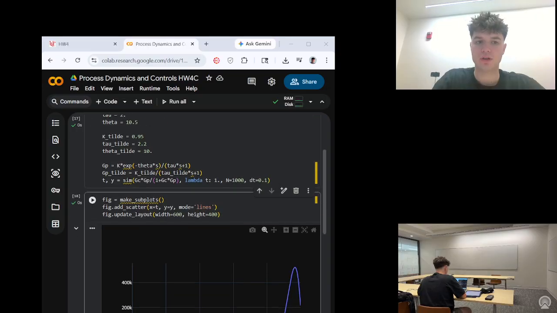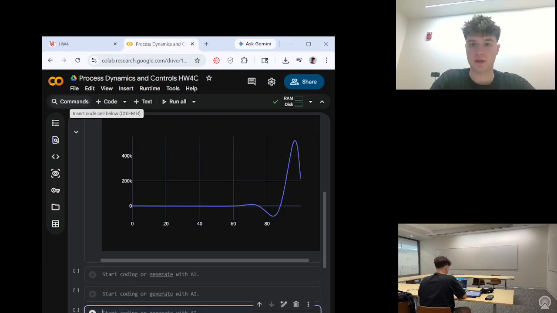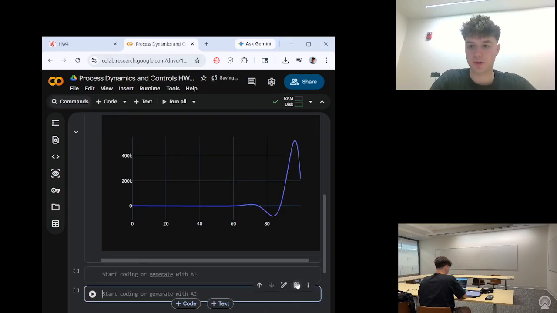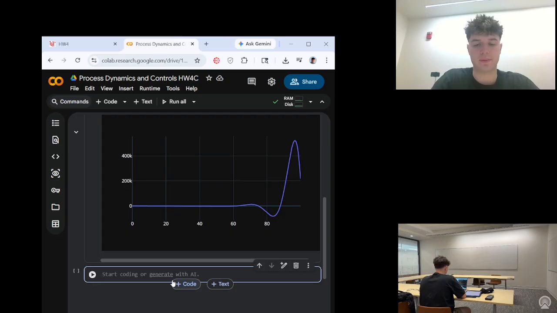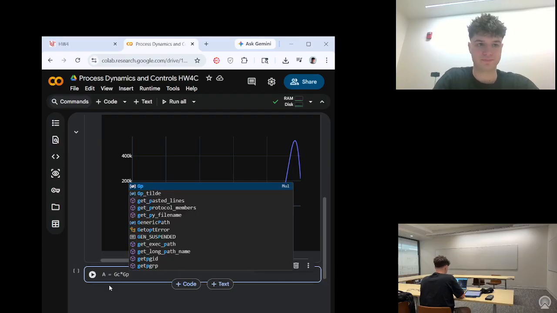So now the next goal of this is to actually see what happens to this process when there is no dead time. So this one has dead time, and let's see what happens now when there is not. And so the first thing that we're going to want to do is our alpha value, which we will label as A, and that is going to be equal to GC times GP.